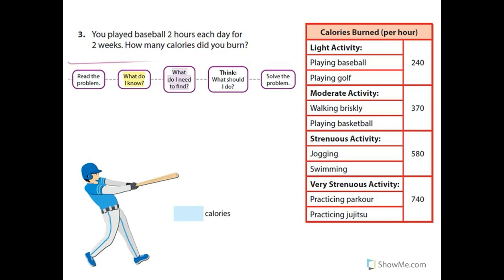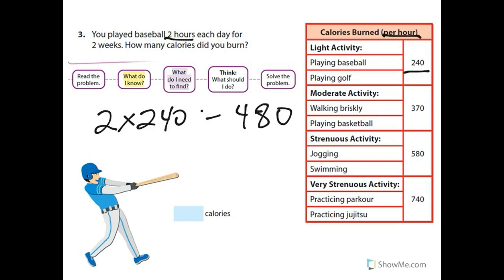So there's a couple of ways you could solve this problem. The first way you can do it, do 2 times 240, because 2 hours each day. That's per hour, so that's 480, and then 2 weeks would be 14 days. Yeah, each day for 2 weeks.